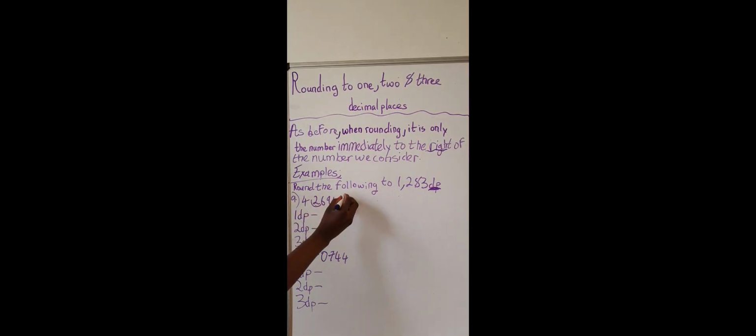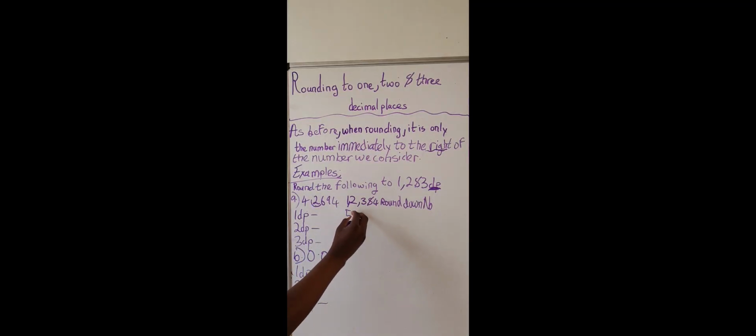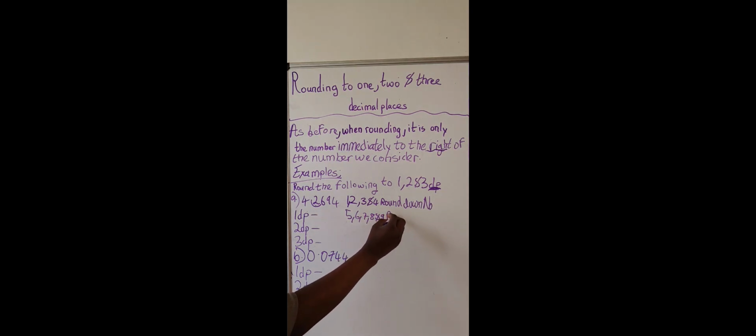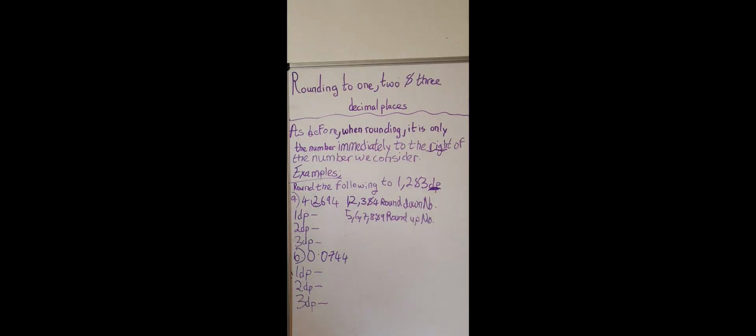1, 2, 3, and 4 are round down numbers, and 5, 6, 7, 8, and 9 are round up numbers.